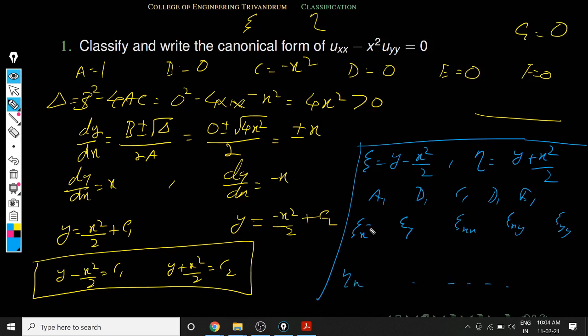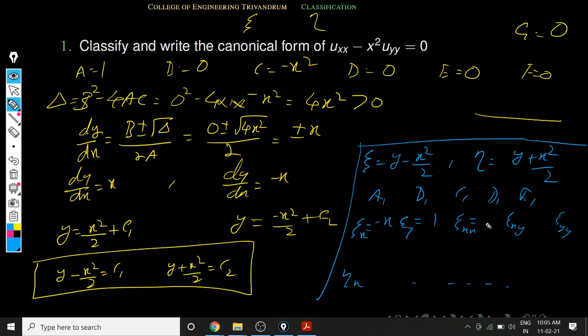What is psi x? Minus x. What is psi y? 1.